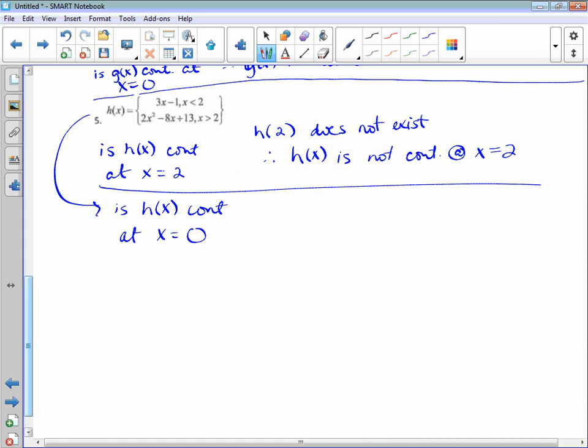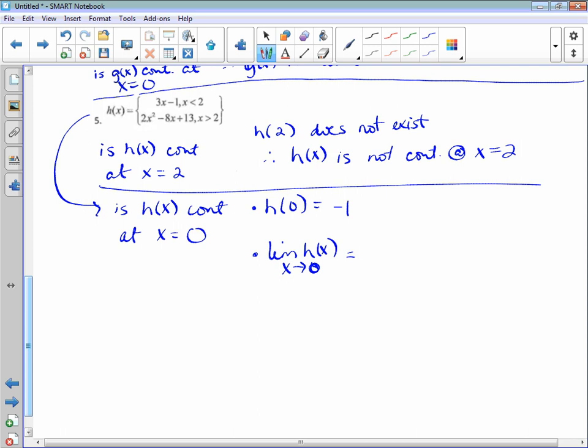When we talk about continuity, I'm asking you at a specific x value, is it continuous? So let's do it for x equals 0. What would h of 0 be? -1, because we'd use that first equation. There's our first step. Now the limit of h of x as x approaches 0. Does this other piece of the piecewise matter at all?